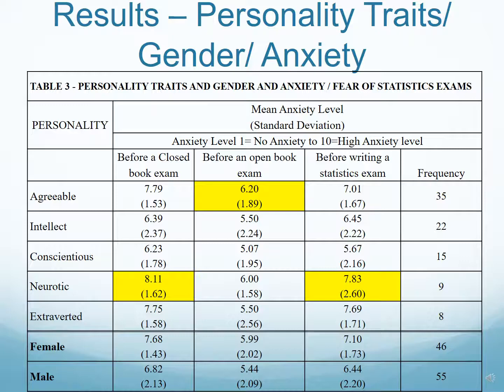In the case of an open book exam, we find that the agreeable students are more anxious than the other students. So it is also very interesting to see that in this case, the highest level of anxiety is for the agreeable group. But in general, we see that the anxiety is lower when the exam is an open book instead of a closed book exam.